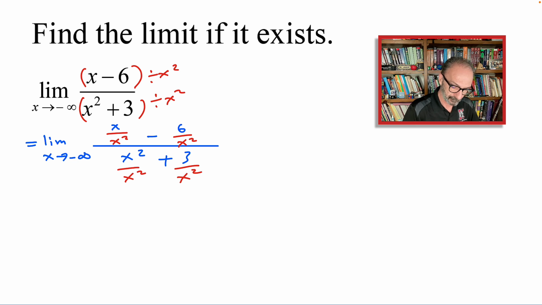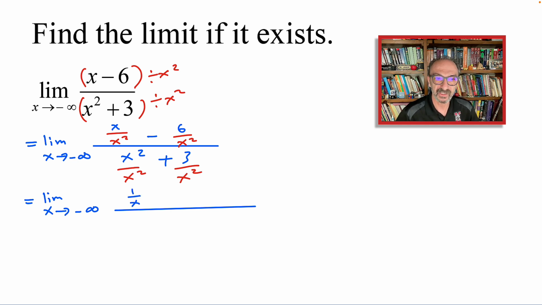Equals the limit as x approaches negative infinity of the following: 1 over x, one of the x cancels, we can divide by x because x is not 0, minus 6 times 1 over x to the second, over 1, that's to replace x to the second over x to the second, plus 3 times 1 over x to the second.